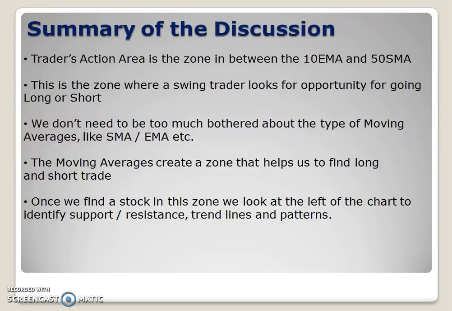The moving averages create a zone that helps us find long and short trades. Once we find a stock in this zone, we look at the left of the chart to identify support, resistance, trend lines, and patterns, particularly candlestick patterns.